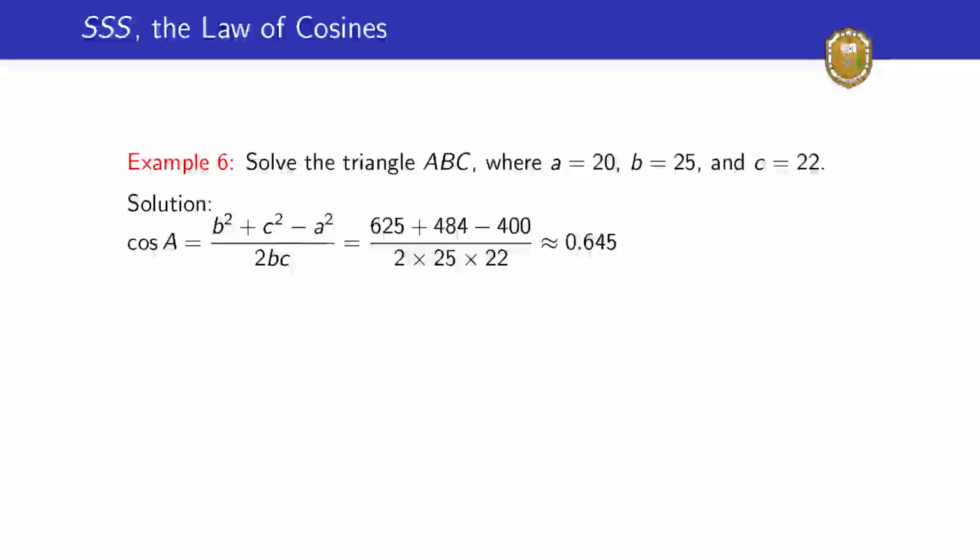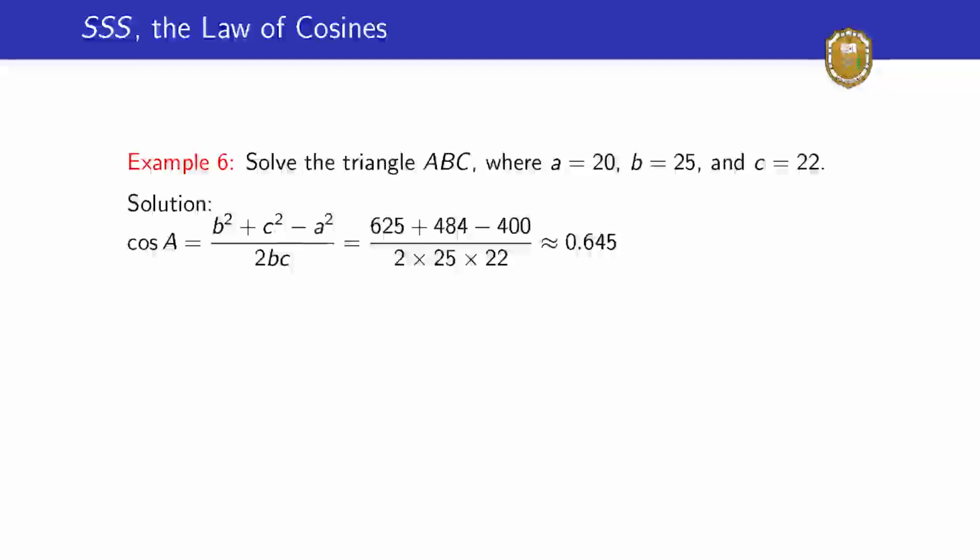And that is the same as 625 plus 484 minus 400 divided by 2 times 25 times 22, and that gives you approximately 0.645. So A is an angle whose cosine is approximately 0.645, and that means that A is approximately 49.7 degrees.